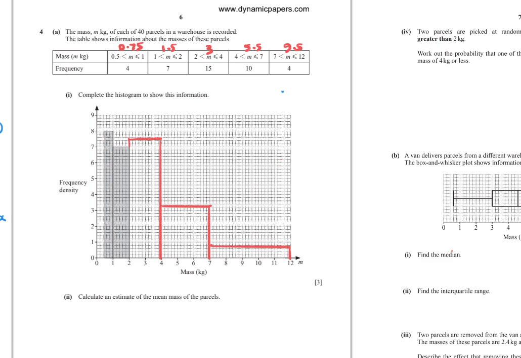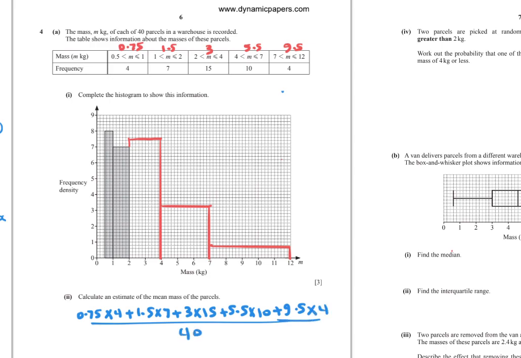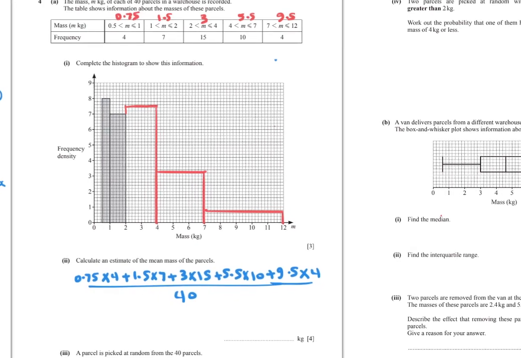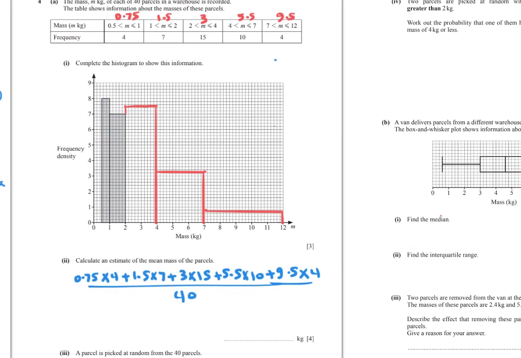So 0.75 times 4 plus 1.5 times 7 plus 3 times 15 plus 5.5 times 10 plus 9.5 times 4, divided by 40, equals 3.7875.